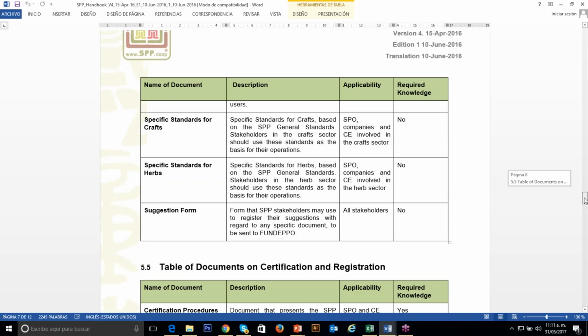Well, for that reason it says that it's an annex to the contract. And finally, the first time a company or an organization is certified or registered, they have to sign the user's contract. But before that, they have to know the SPP handbook, to read it, and to read the documents that are marked with yes in this column, required knowledge.